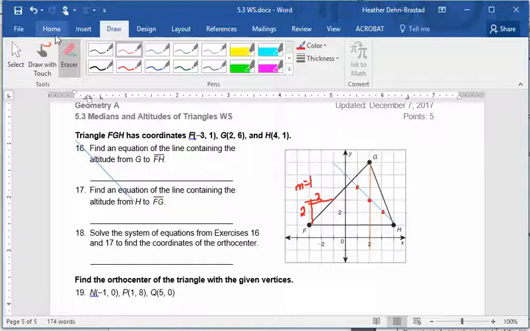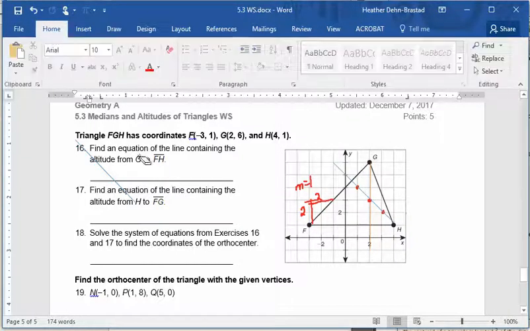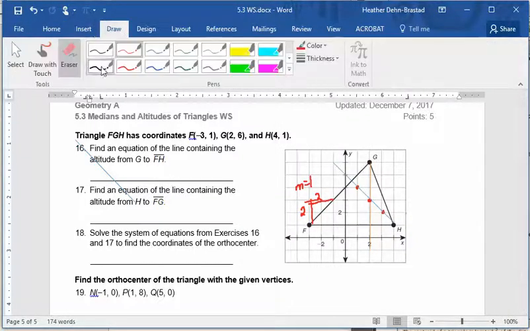You can find it from the graph, or we can do the equations. We can do this algebraically as well. So let's try algebraically. If we wrote the equation of the line containing the altitude from G to FH, this line right here, this is the line x equals 2. Vertical lines have the equation x equals whatever they go through.